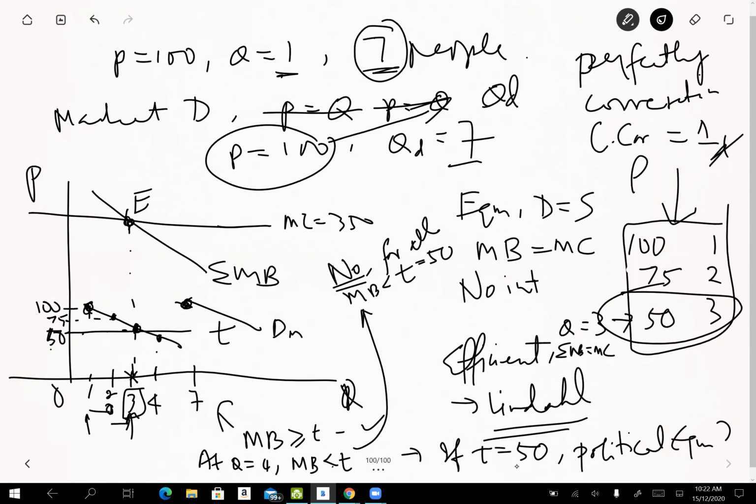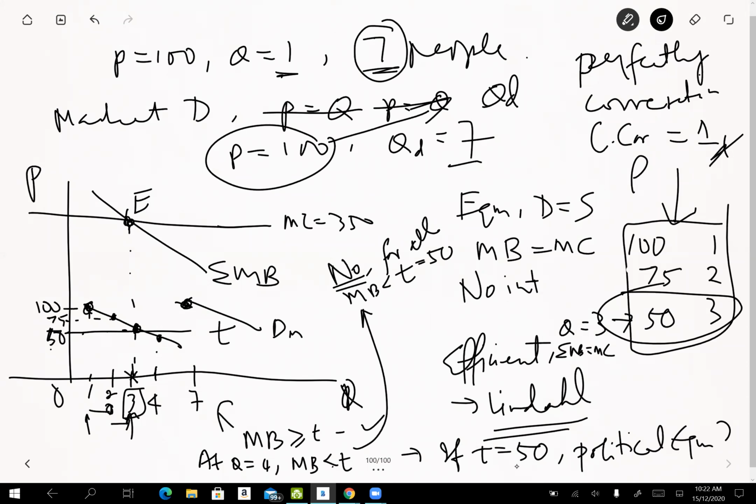That is the question from part B. Is it because their demand functions are all the same? You're right, because the demand functions are the same. If everybody's demand function is the same, then the political equilibrium will be equal to the efficient or Lindahl equilibrium.